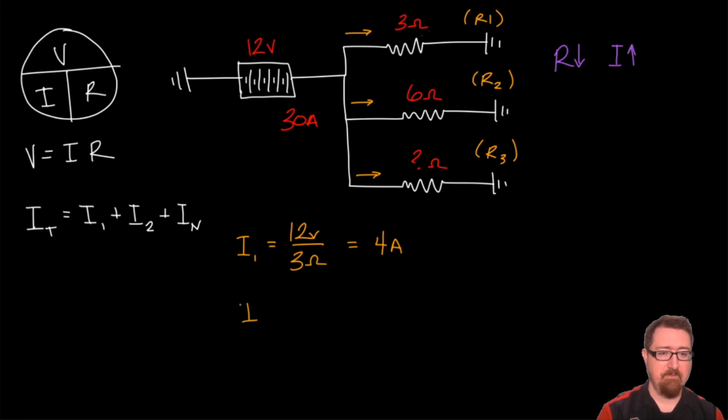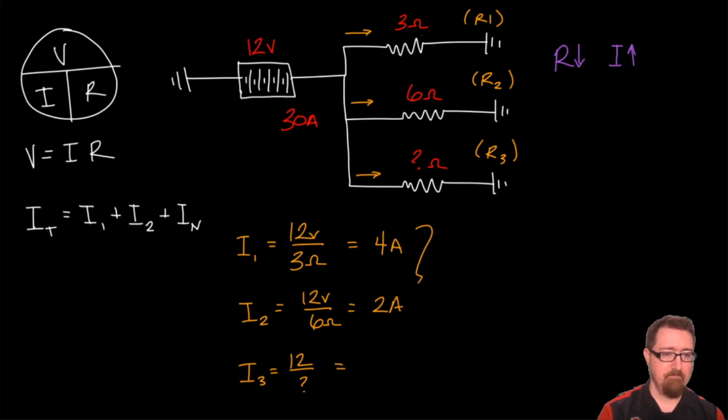Our current for 2 is 12 volts divided by 6, so that's going to end up being 2 amps. And then our third one, 12 volts divided by something. So 4 plus 2 is 6, so I know that I1 and I2 is 6.